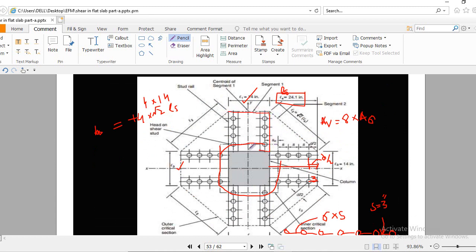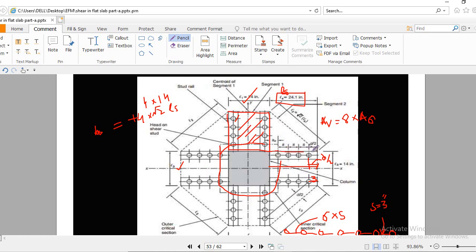So what will be the area of this rectangle? We already know that this side is 14 and this side is 24.1, and we have 4 of these rectangles, 1 2 3 4, so we have to multiply by 4, and we have 4 triangles right here.